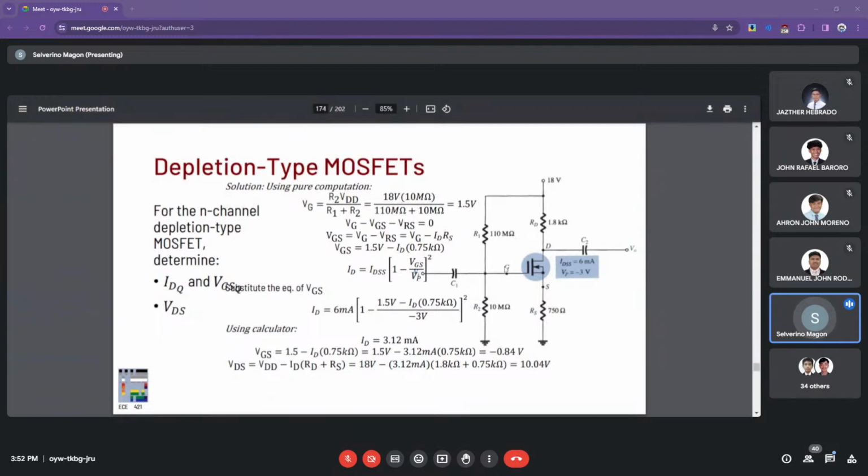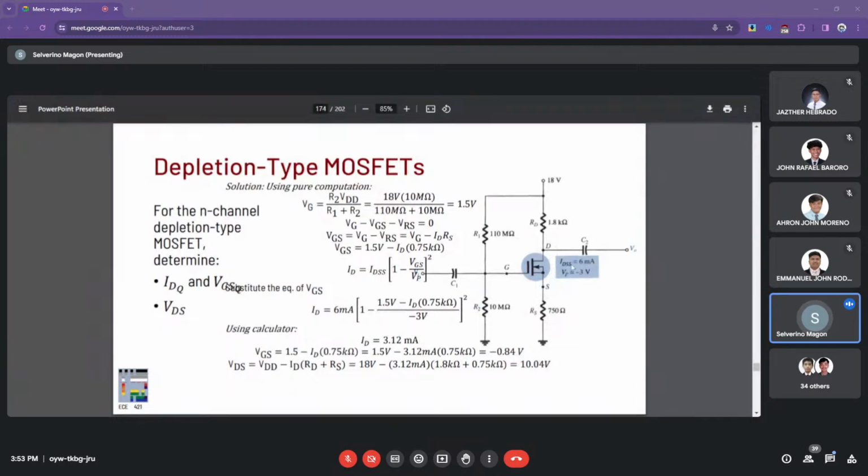Now, this small AC variation creates a huge variation in the drain current in this case. So that huge drain current is translated to a huge amount of AC component as well in the drain voltage, VD or VDS. Now, this huge AC component can pass through the C2 capacitor here, no?